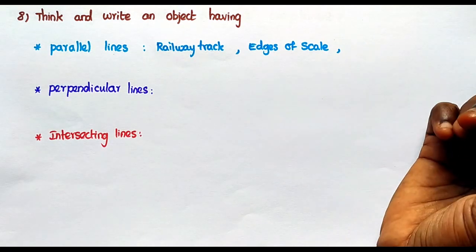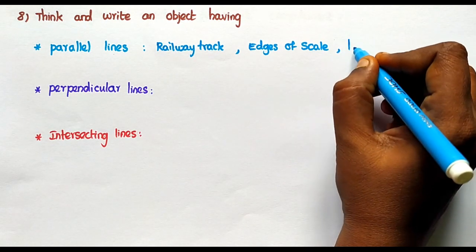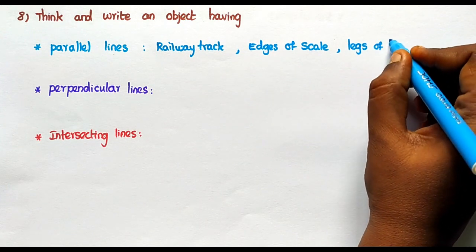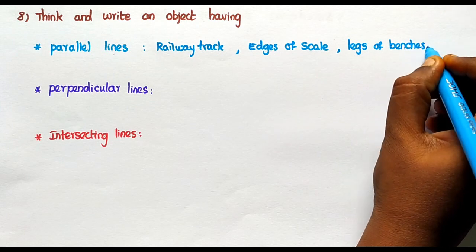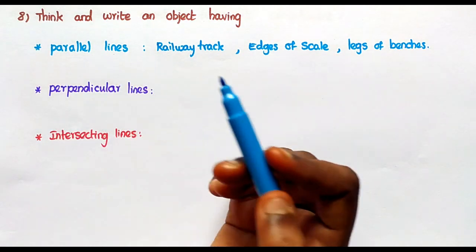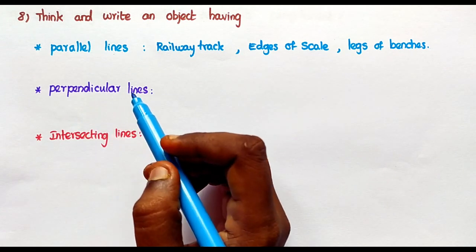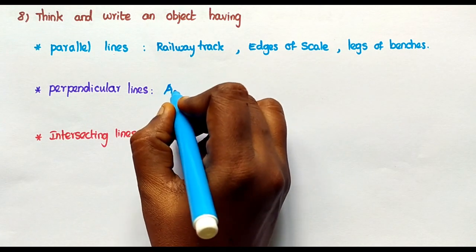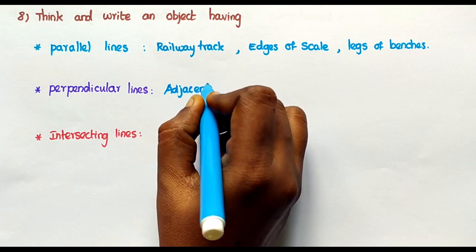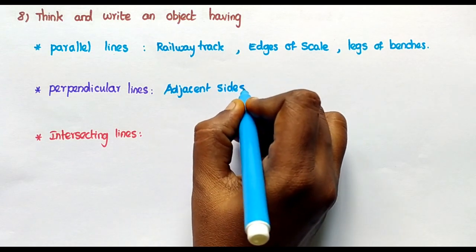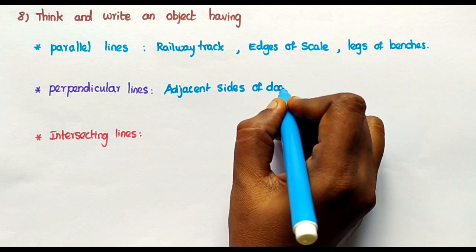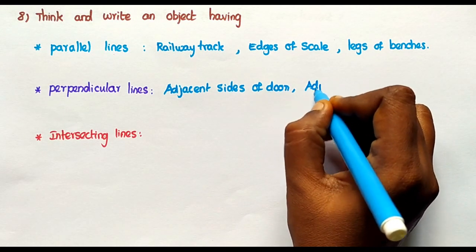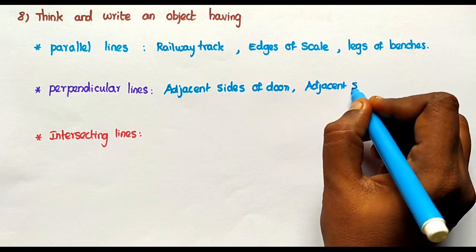Next one, legs of the bench or table or chair. These are the examples of parallel lines. Next, perpendicular line. Adjacent sides of the door and adjacent sides of blackboard.